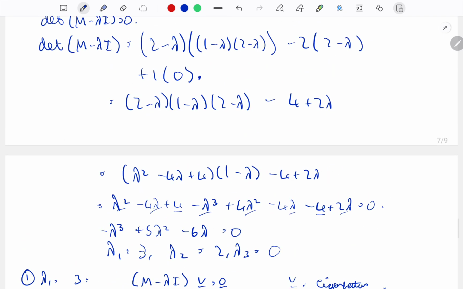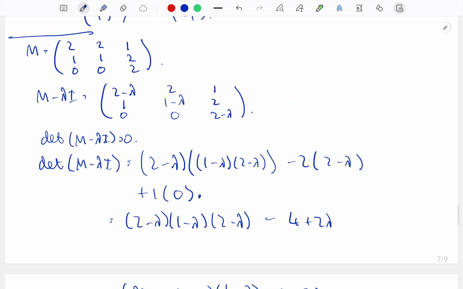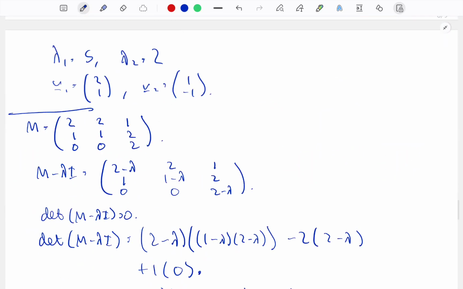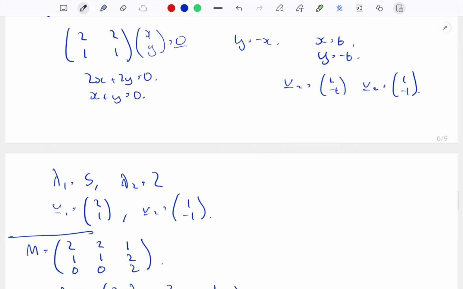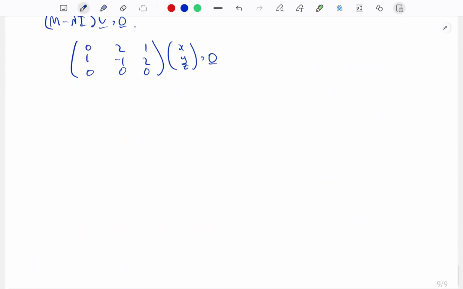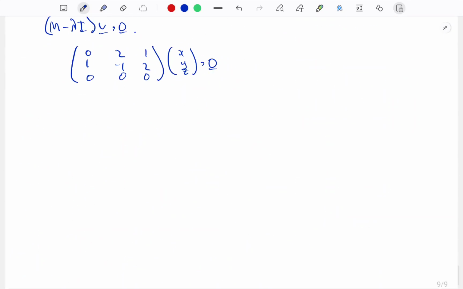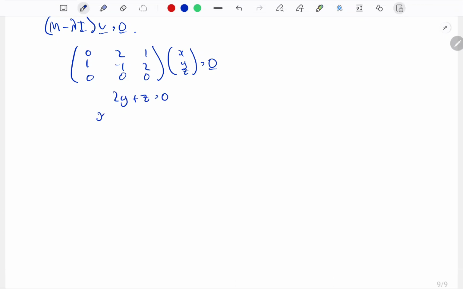Let me just make sure. So 2 take away 2 is 0, 2, 1. And then 1 minus 1, 2. And then 0, 0, 0. Yeah. So this results in 2y plus z is equal to 0, x minus y add 2z equals 0, and we get 0x add 0y add 0z is 0.